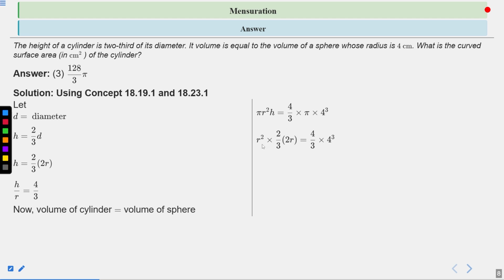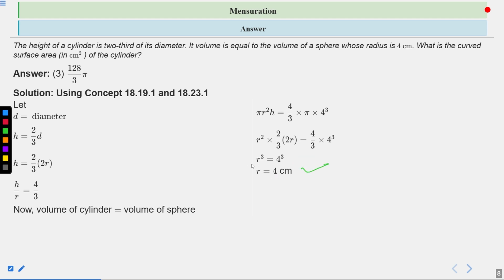So pi will be cancelled out from both sides. So we get r square into h, we put 2 by 3 into 2r, equals 4 by 3 into 4 cube. Now we get the value of r. So we get r cube equals 4 cube. Now simplifying it, we get r equals 4 centimeter.